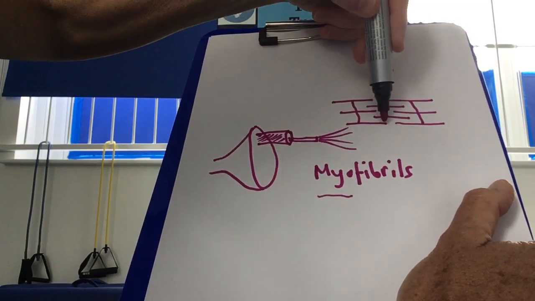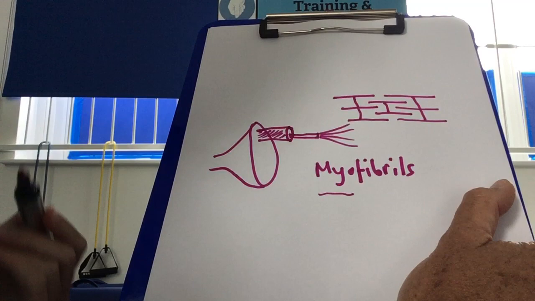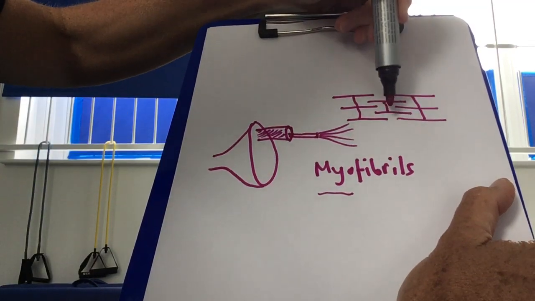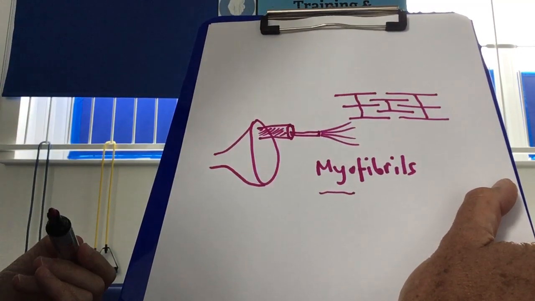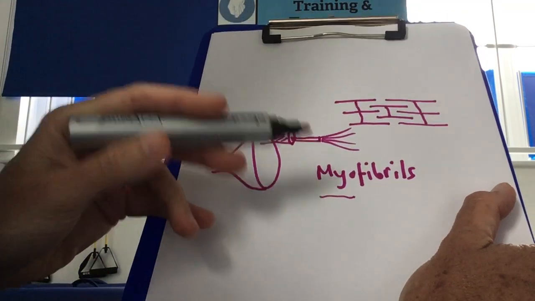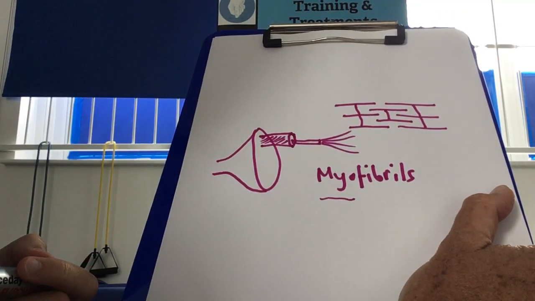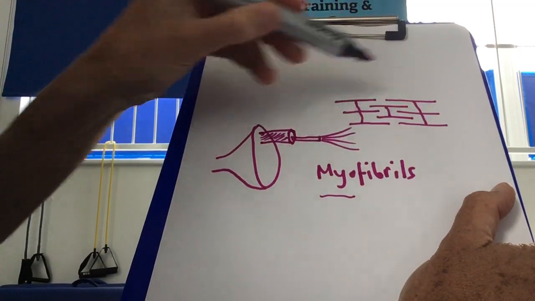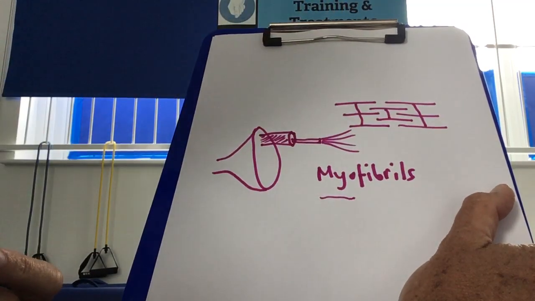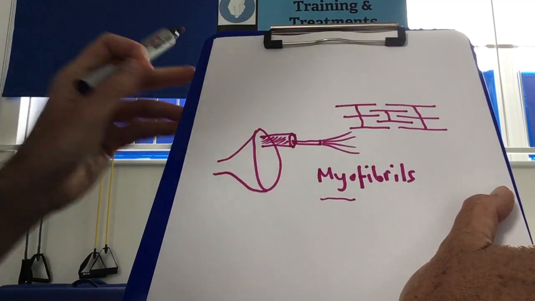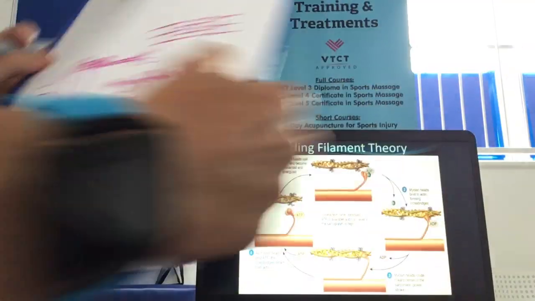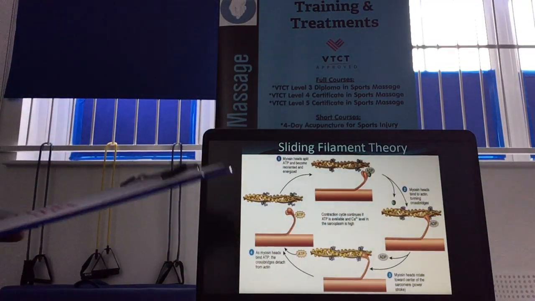And where the overlap happens here will be the darker stripes. Where there's a bit more space, there'll be the lighter stripes. And myofibrils then are components of muscle fibre, but there are two protein filaments that make up these sections that are under a microscope. And I'm going to write those words down for you.